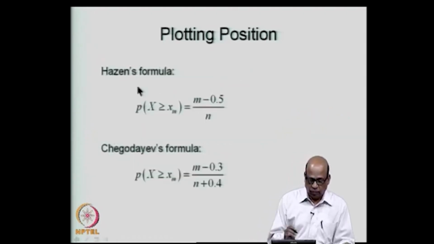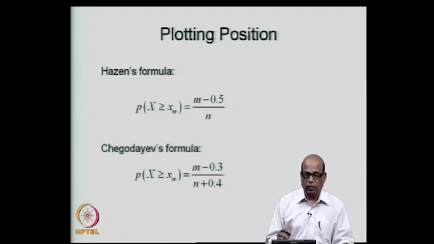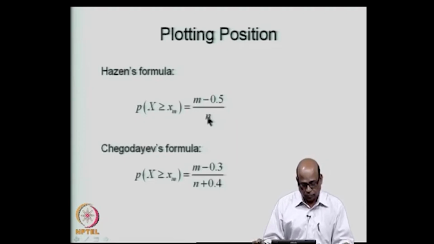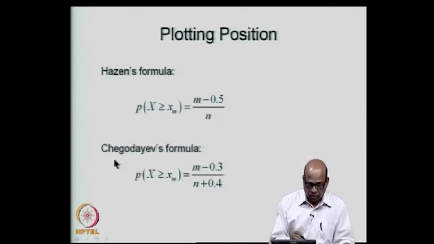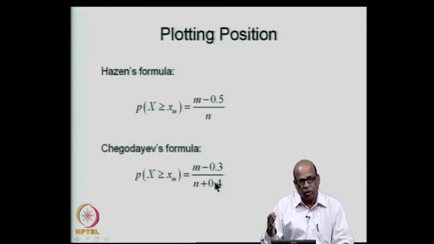Then we have Hazen's formula, which is again a compromise between just taking m by n and taking m minus 1 by n. It takes m minus 0.5 by n. Then we have the Cunnane formula, where it takes m minus 0.3 by n plus 0.4. As I said, these are all empirical methods.